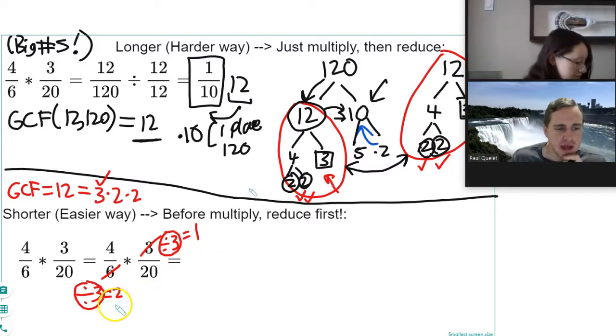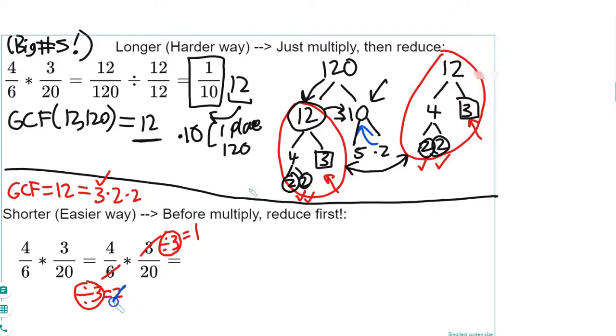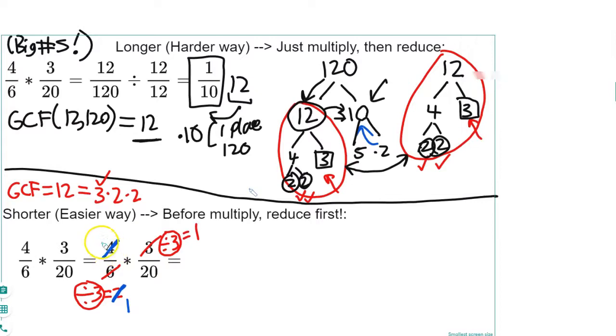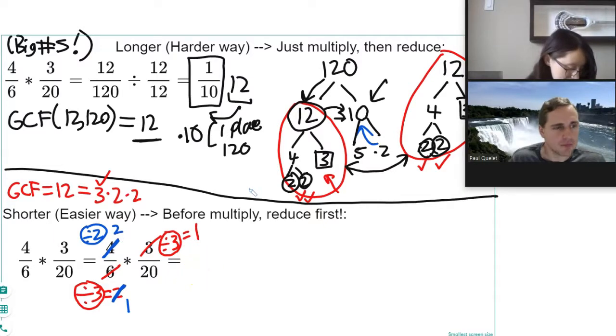Let's see how we do that. I say, oh, wait a minute. This is a 2. I can divide that out and make it a 1 as long as I divide something upstairs that's also divisible by 2. And where would that be? The 4, so 4 divided by 2 is 2. You see that? Yeah. Okay.